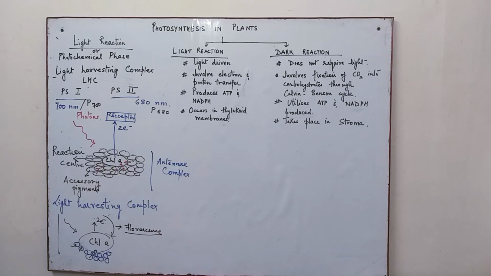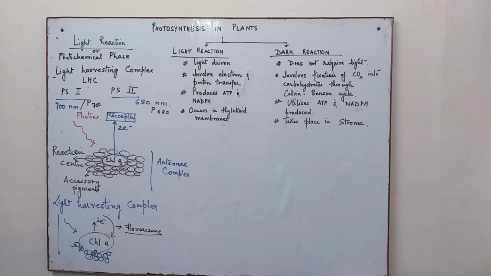When we study this, we find that the electron transport system, or ETS, is also referred to as ETC. It actually consists of cytochromes, and cytochromes are proteins having a cofactor, and they act as electron acceptors.